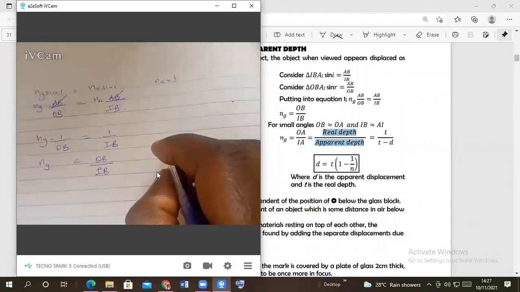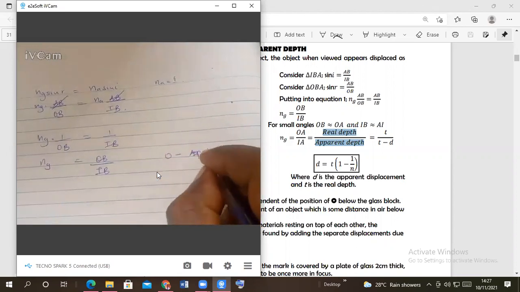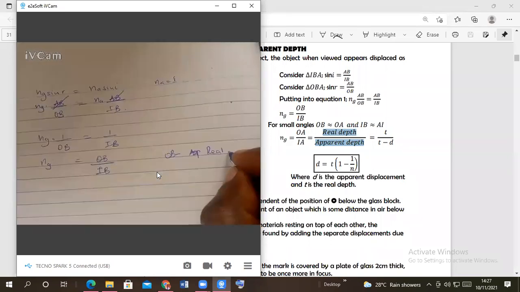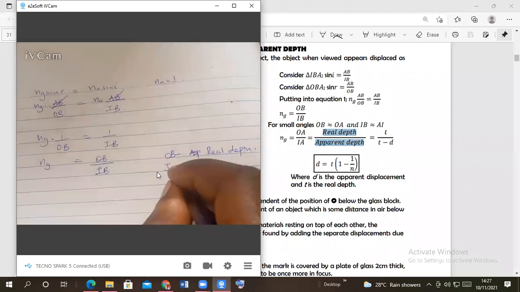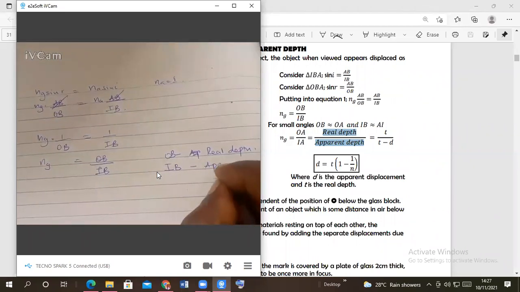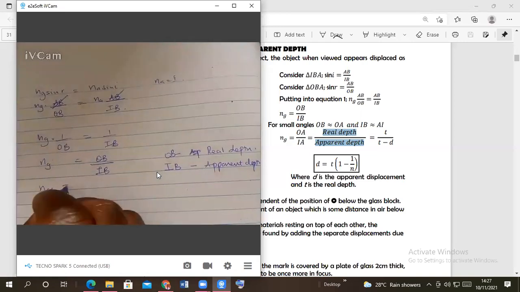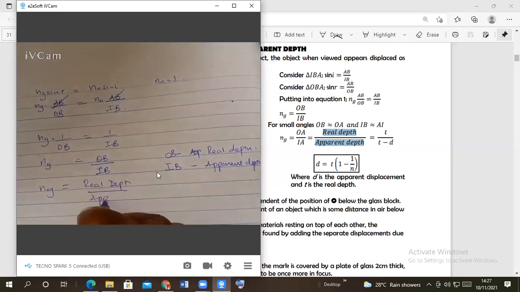But remember, we said that O was the real position. That means that OB is the real depth, and I was the apparent position, meaning that IB is the apparent depth. So n_g equals real depth divided by apparent depth.